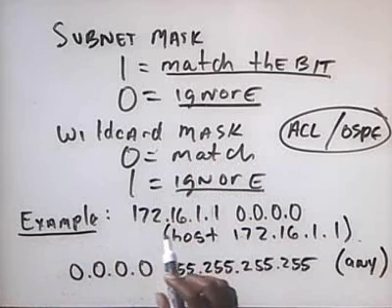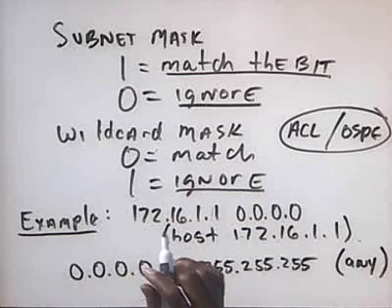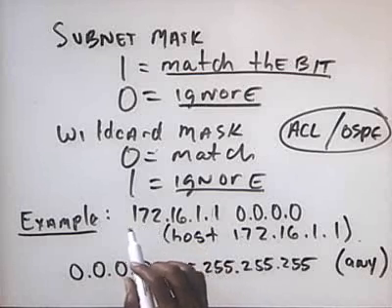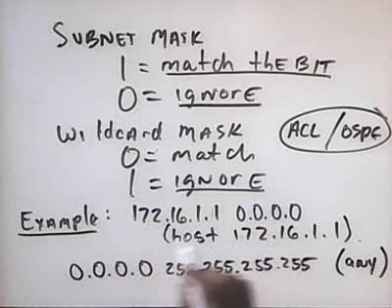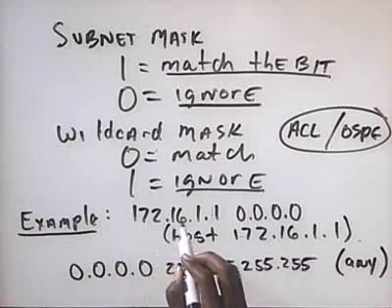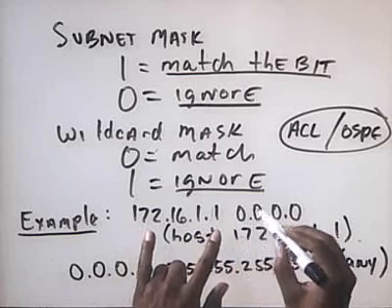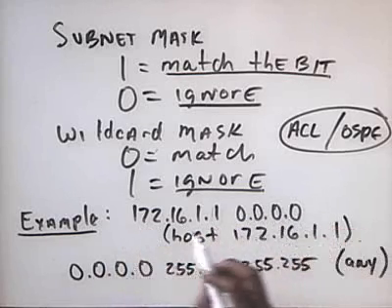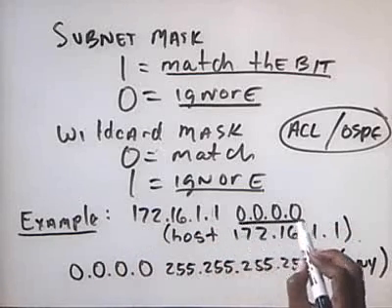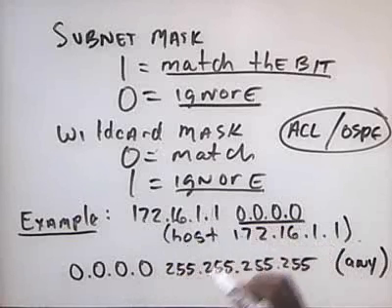One example would be if we're wanting to specify a particular host address that we want to match in an access list. We type in 172.16.1.1 with a wildcard mask of 0.0.0.0. This special mask means match all the bits in the corresponding address.